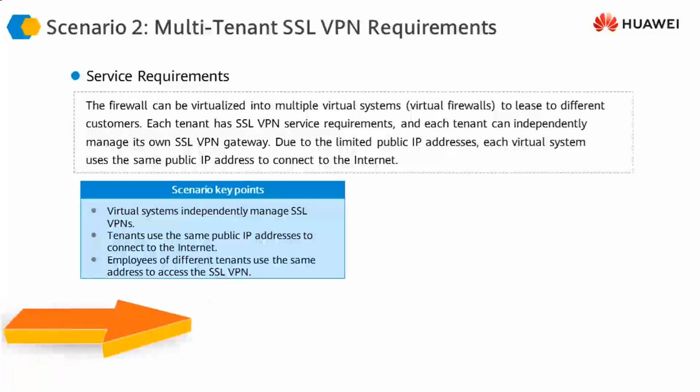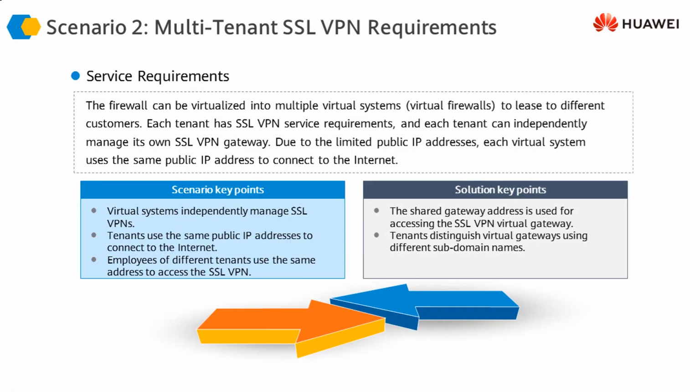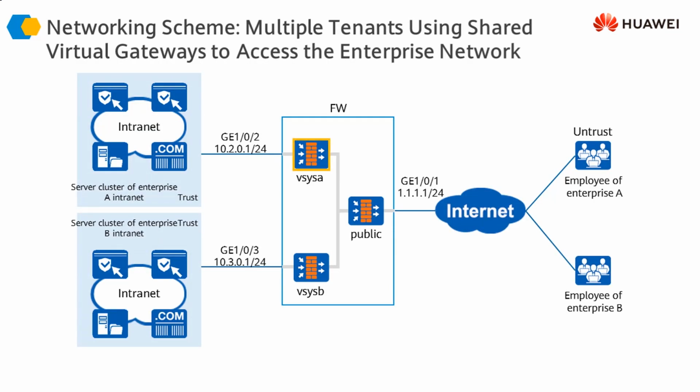However, for the time being, just assume that we have multiple virtual firewalls created on the physical firewall, and each of these virtual firewalls is assigned to different departments, tenants, or customers, and those firewalls are managed by those customers individually. However, all those firewalls are actually using a shared IP address, which we call the public firewall system, as you can see in this slide, where we have the virtual firewall systems VSys A, VSys B, VSys C, etc. and a public firewall system which is shared by all the virtual firewall systems.